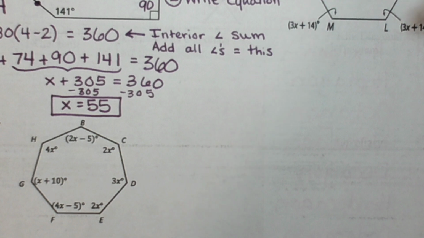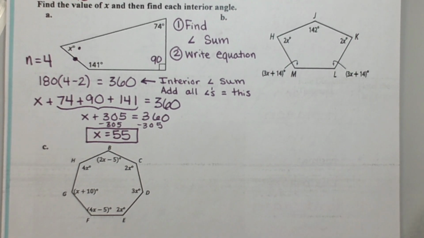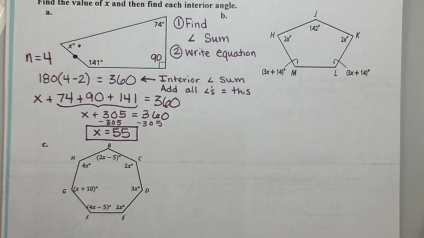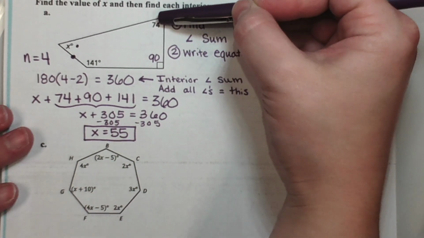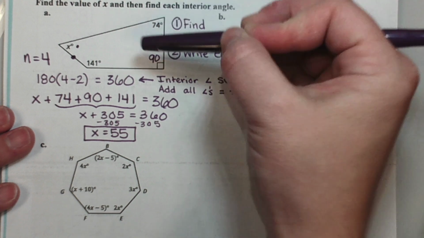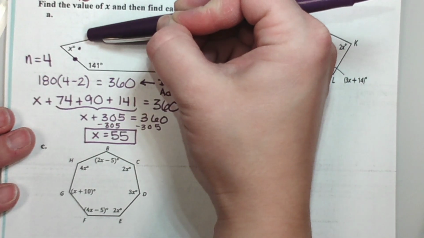What did the instructions tell me to do? Find the value of x, then find the value of each interior angle. I got x. Each interior angle means I have to plug it back in. Am I plugging it into 74? Or 90? Or 141? Or x?